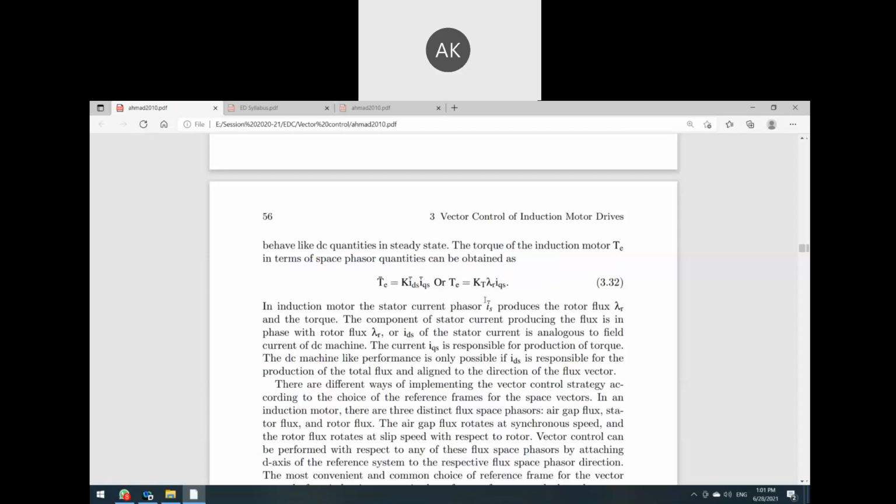So in an induction motor, the stator current phasor IS produces the rotor flux lambda r and the torque. The stator phasor current IS has two parts: one is the rotor flux component and another is the torque component.